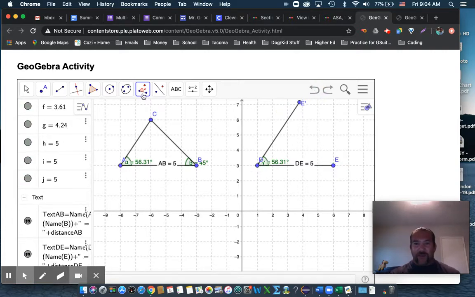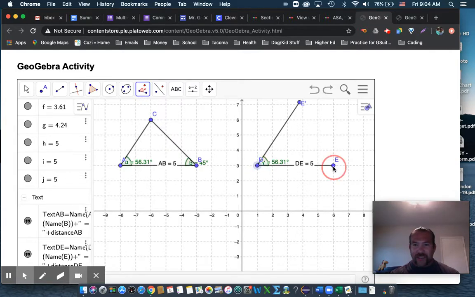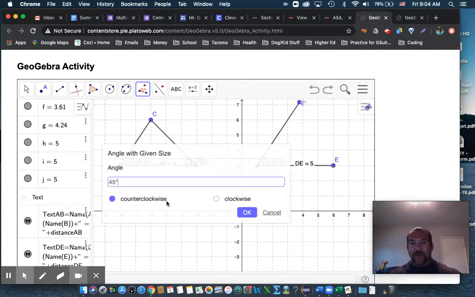Now, that's the thing you have to pay attention to. When I first did this, if I go from D to E, notice how it says counterclockwise. Counterclockwise would mean that this angle would be opening up down in this direction. But I want that angle to open up in this direction. So again, clockwise rotation, counterclockwise rotation. So I'm going to change it to a clockwise.